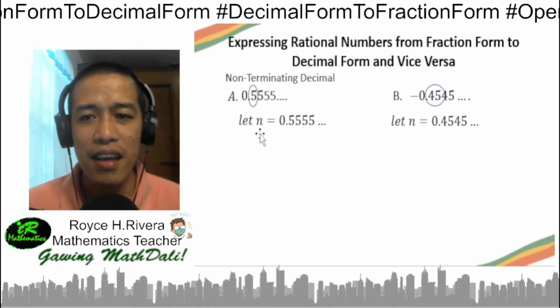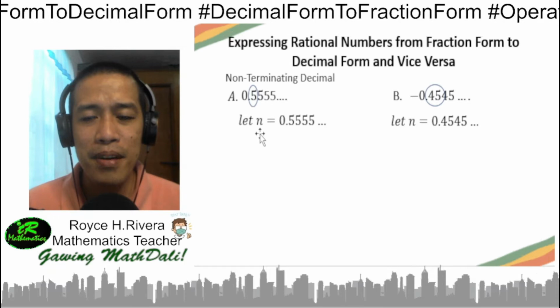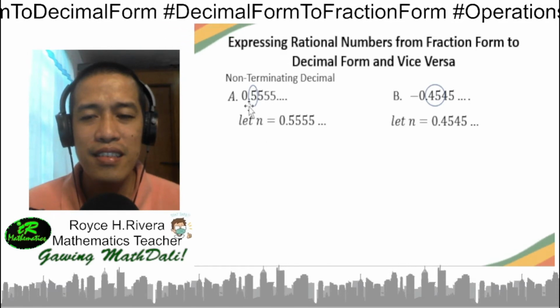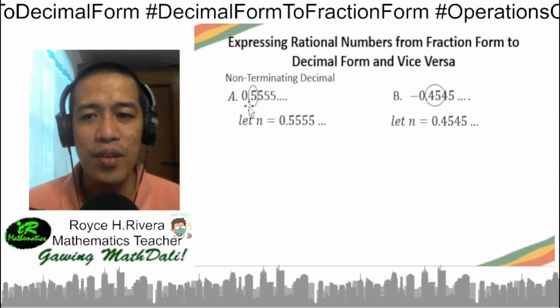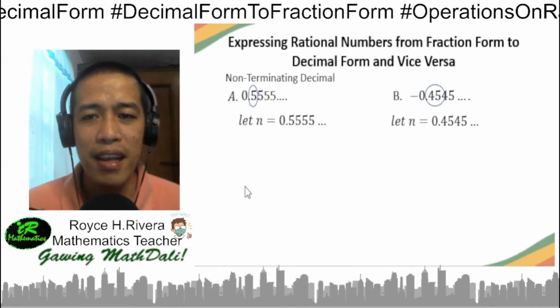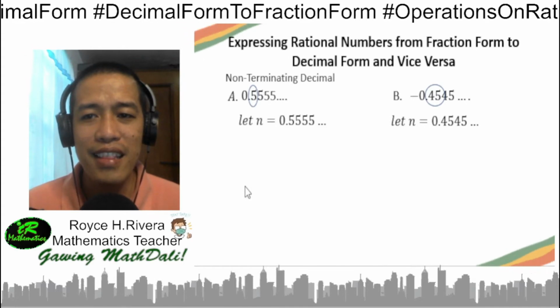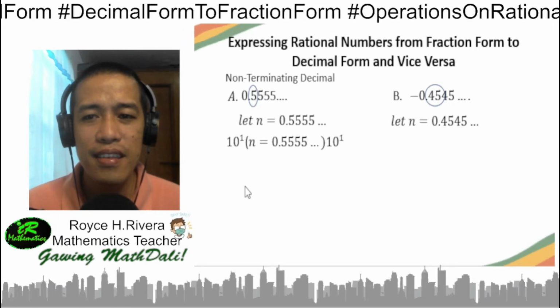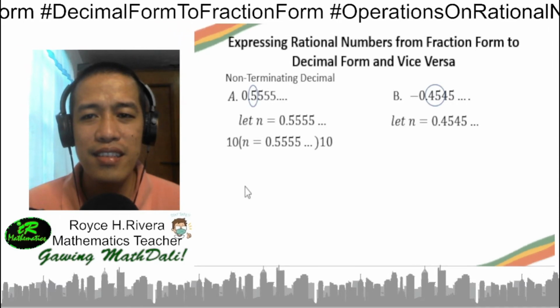We will multiply n by the proper power of 10. Since we have one repeating digit in letter A, we will multiply n by 10 raised to 1. And 10 raised to 1 is just equal to 10.